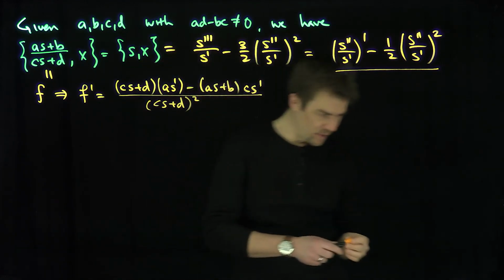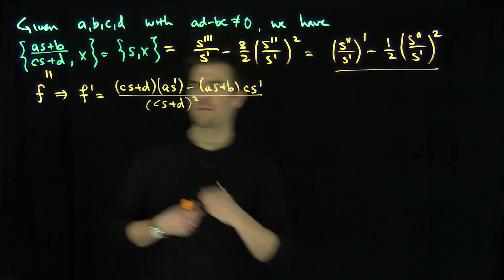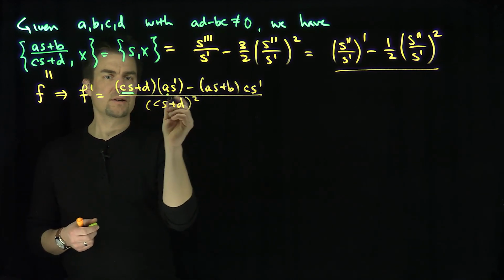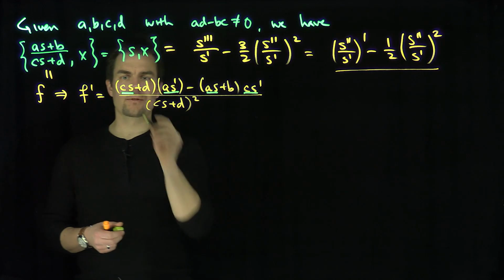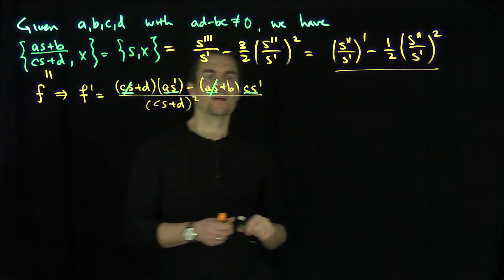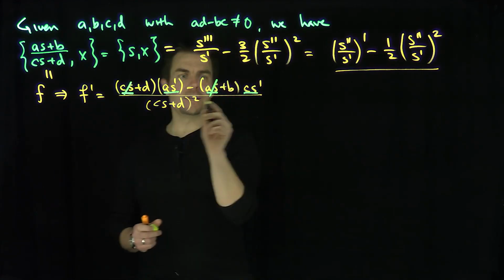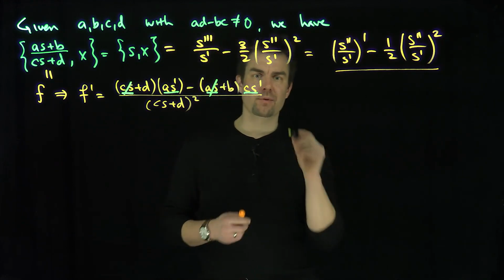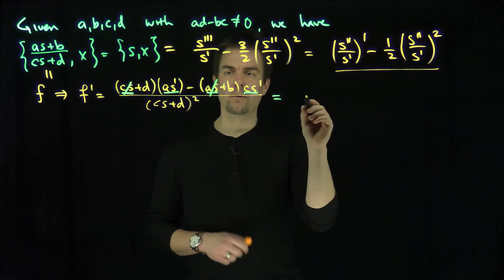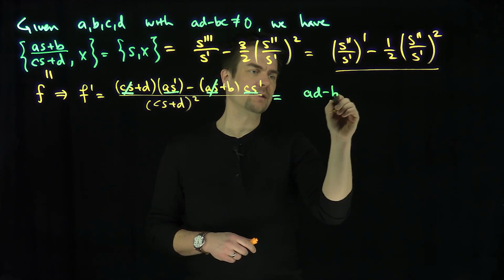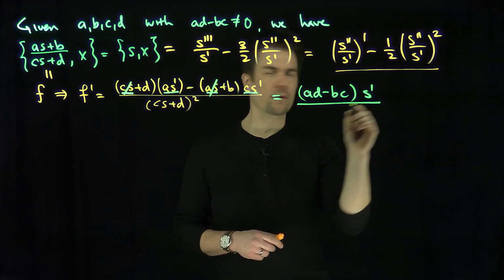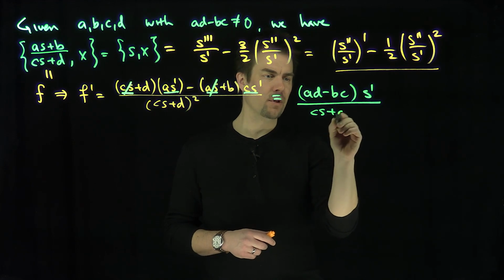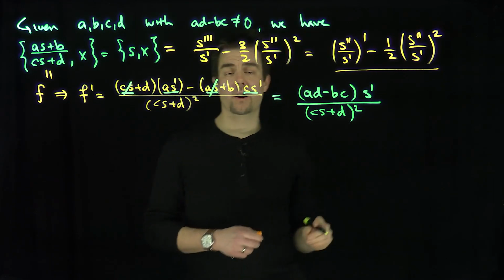Now notice that when I do this, I have a cs times as prime and an as times cs prime with a negative. So those terms are going to cancel out, and we're just left with ad minus bc times s prime. So this is equal to ad minus bc times s prime over cs plus d quantity squared.